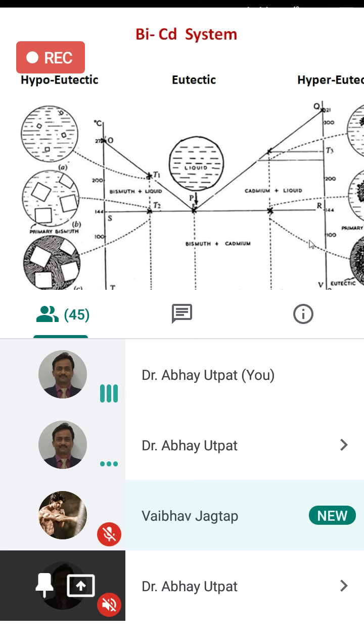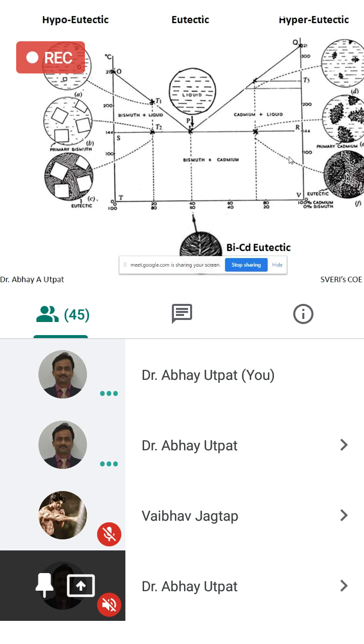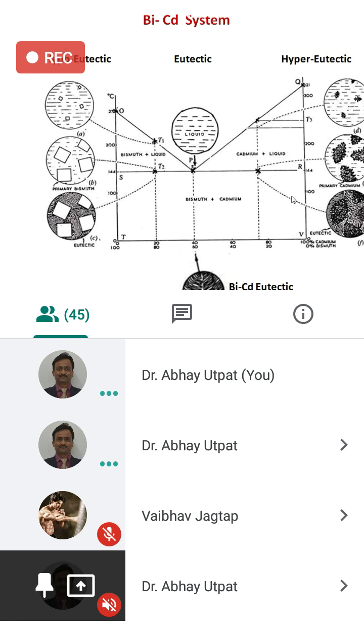Now see this figure. Whatever I explain, hypoeutectic, eutectic, and hypereutectic. Hypoeutectic shows this figure number 1.